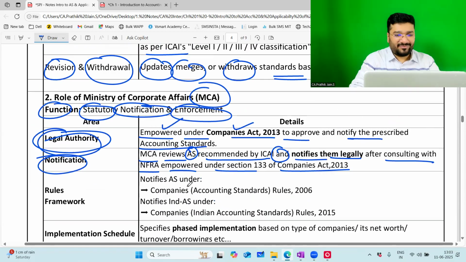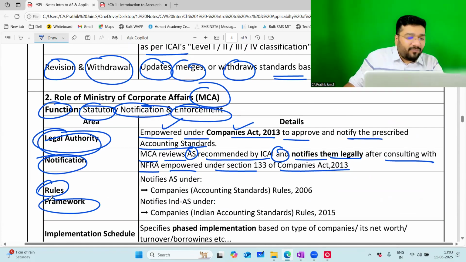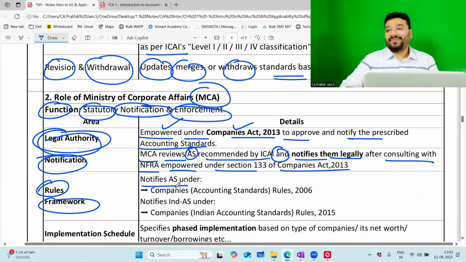Now, rules and framework. Notified AS. Now, ASB's role is two things. One, they have to formulate accounting standards. Plus, they have to formulate Ind AS also. The responsibility of formulating Ind AS is also on ASB. So, ASB will formulate accounting standards and Ind AS.